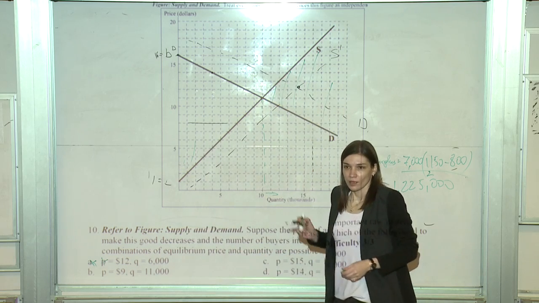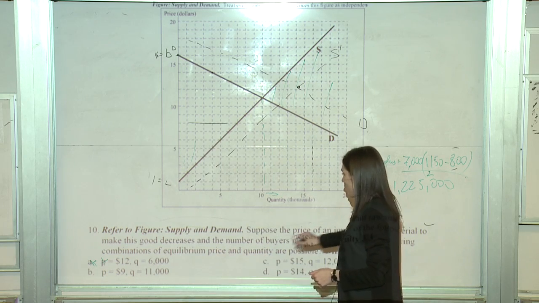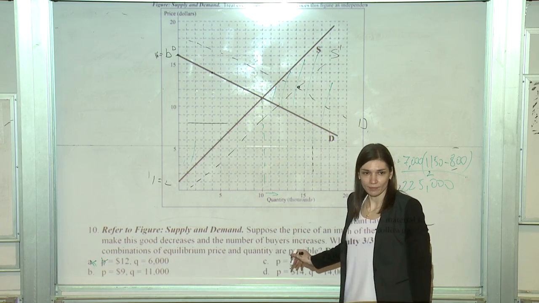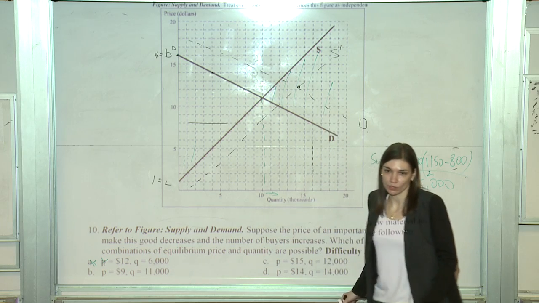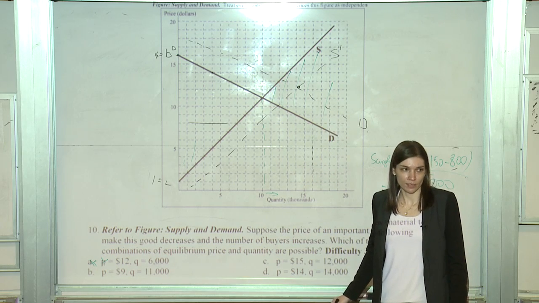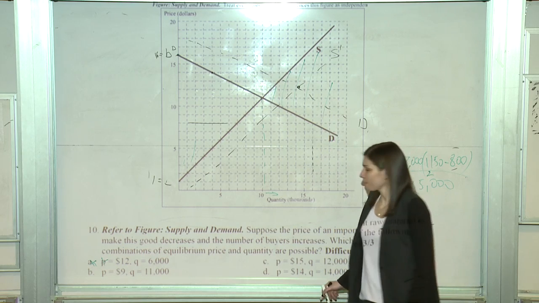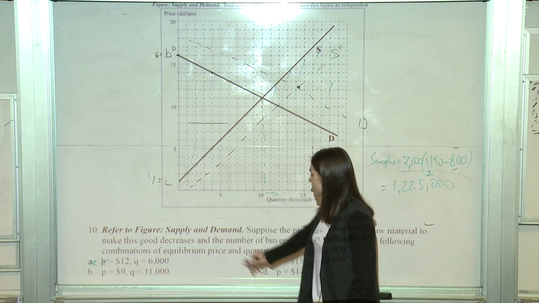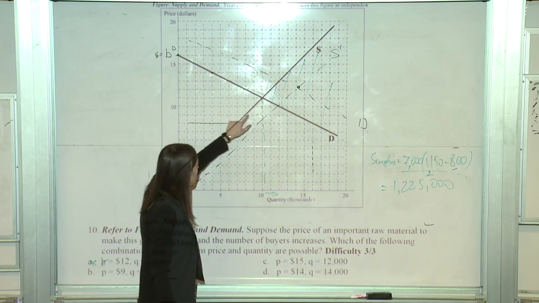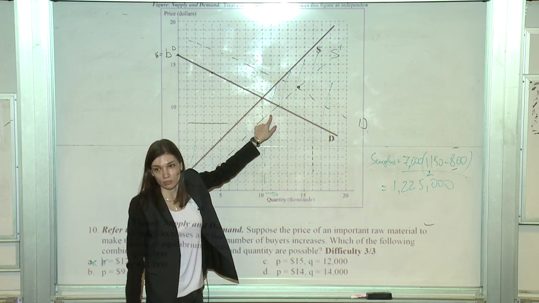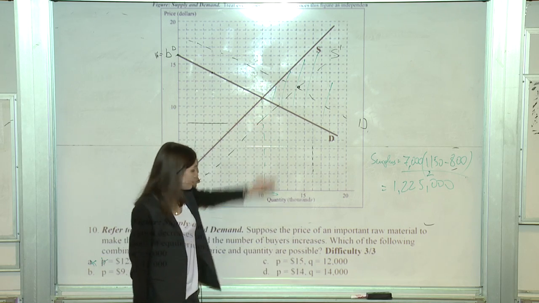All right? And now that we know that, we can just figure out where those points lie, and there's only going to be one of them that lies within that region. Does that make sense? Okay, so what we have here is a price of 9 and quantity of 11, which is here. That's outside of the region, so that doesn't work.